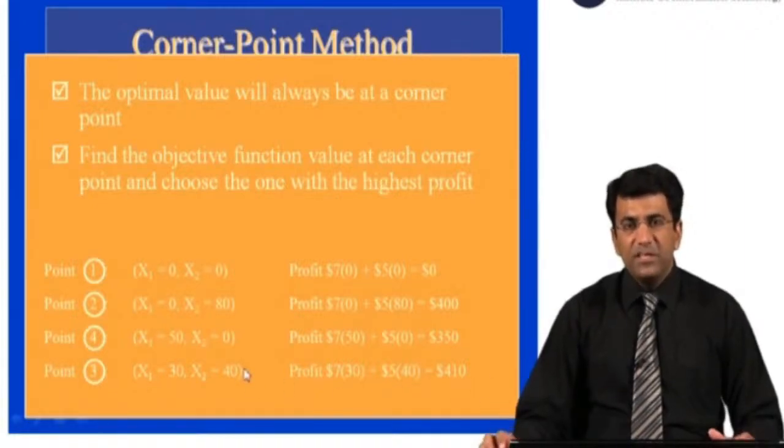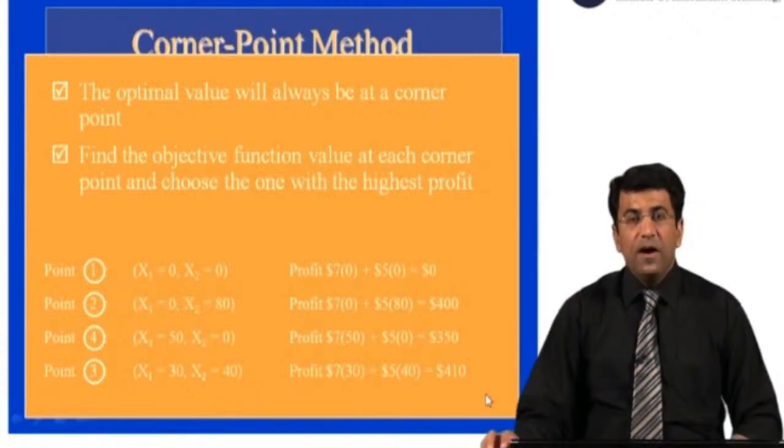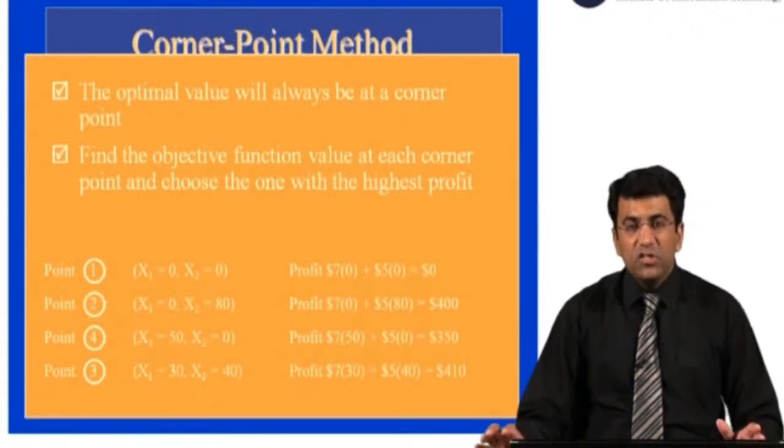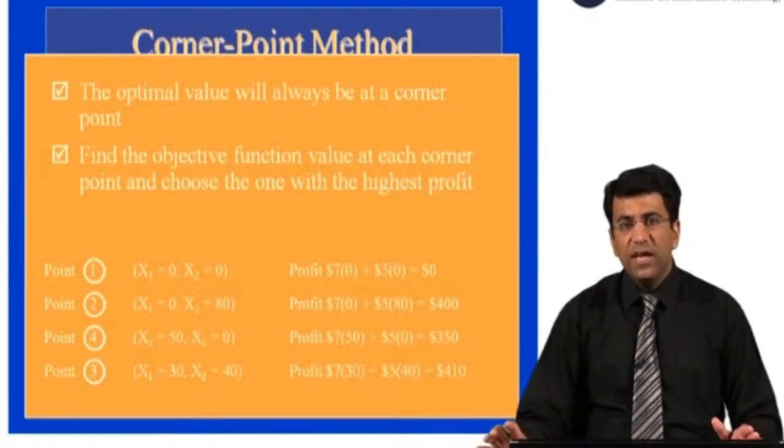That is, the manager should produce 30 units of product 1 and 40 units of product 2, and then the profit will be maximized. And what is the maximum value of the profit? That is $410. Other than that alternative, there is no other alternative available through which we can maximize our profit.